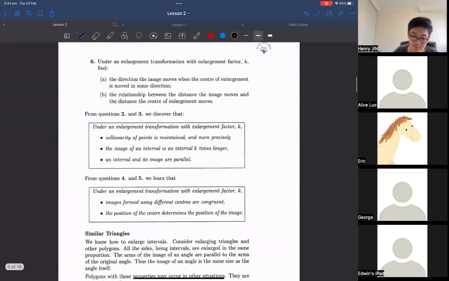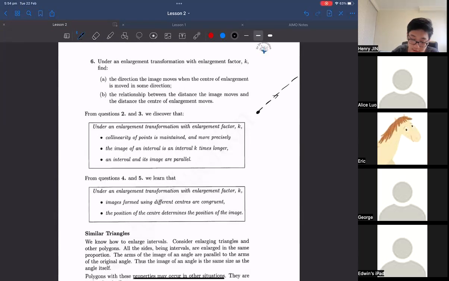So the properties that we can use for dilation. One is collinearity. Just because it's a ratio, it's always going to be the same line. That's just how we define dilation, and it also makes sense in terms of vectors, if any of you have learned vectors yet.